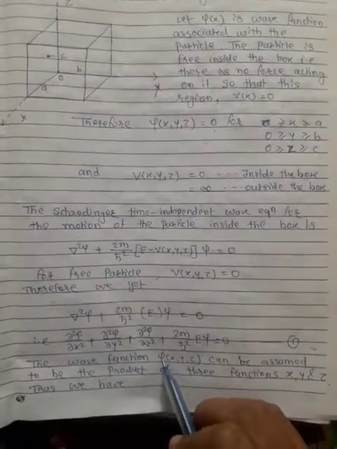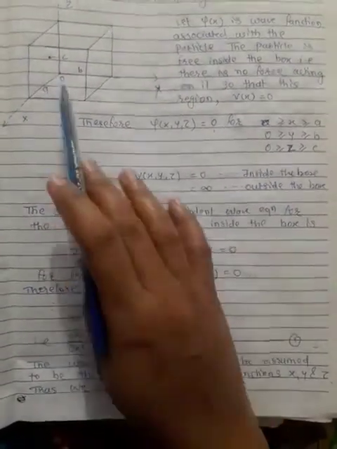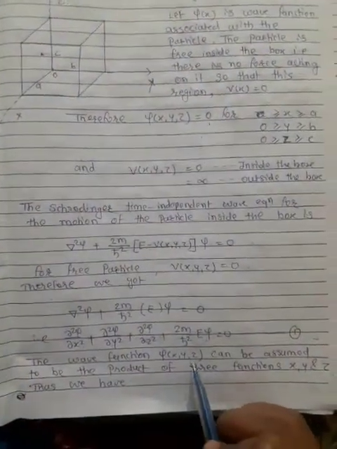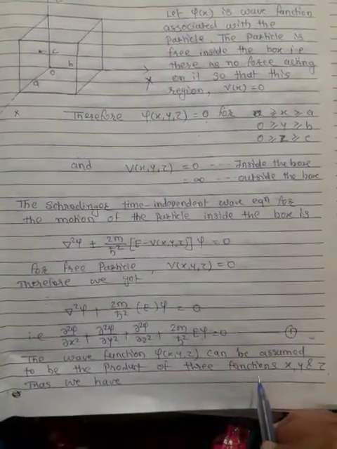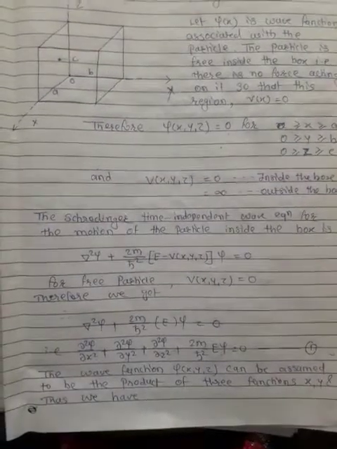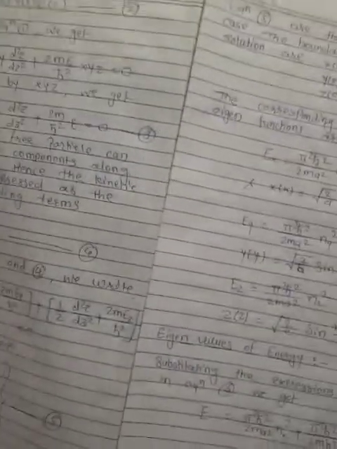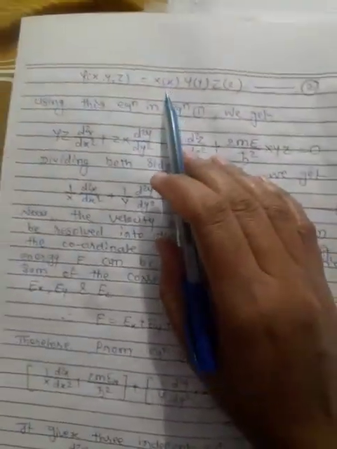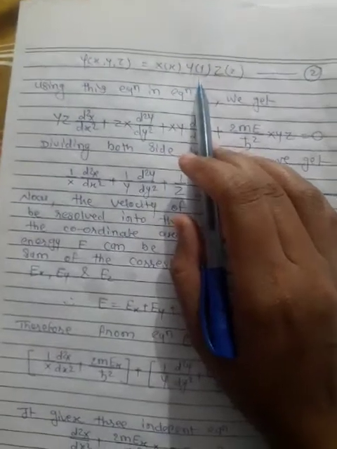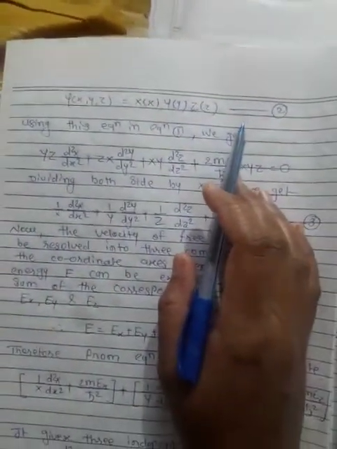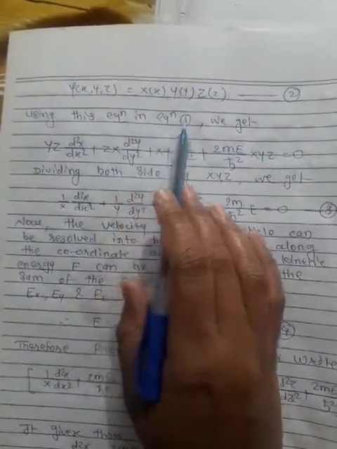Here, in a three-dimensional box, we consider that the wave function is the product of three functions x, y, z, and thus we can write psi(x, y, z) equal to X(x) Y(y) Z(z), where X is a function of small x, Y is a function of small y, and Z is a function of small z, which is equation number 2.